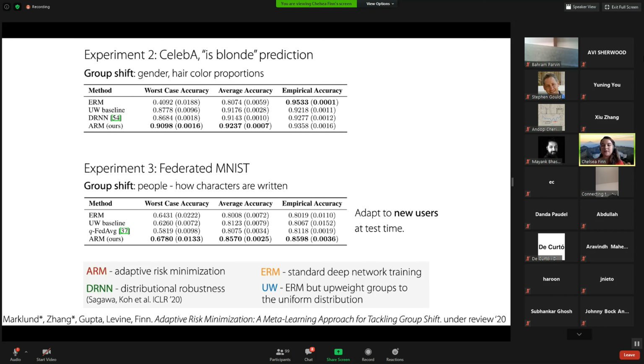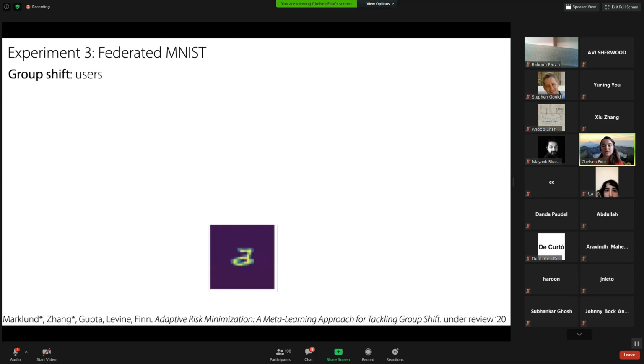And one of the things that's pretty cool about this federated MNIST setting is that you're actually adapting to new users at test time, and this is a bit different than what group robustness typically looks like. And one example of what this actually looks like in practice is here's an example image at test time that the algorithm is given. ERM would just be asked to classify this as is, and it's a bit ambiguous if it's a 2 or a lowercase a.